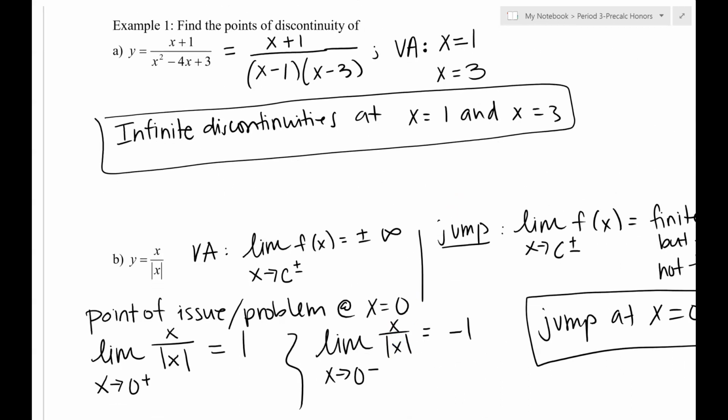You also have VAs, aka infinite discontinuities, which is when it is not reducible when you factor it out. So those are called VAs, right? When x approaches, in this case 1 or 3 from the right or left side, y is approaching either positive or negative infinity. And that's the last component of example number 1.